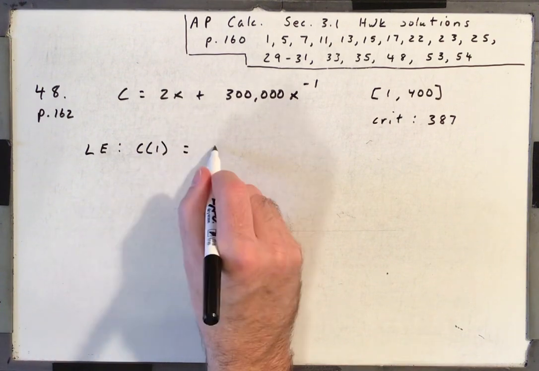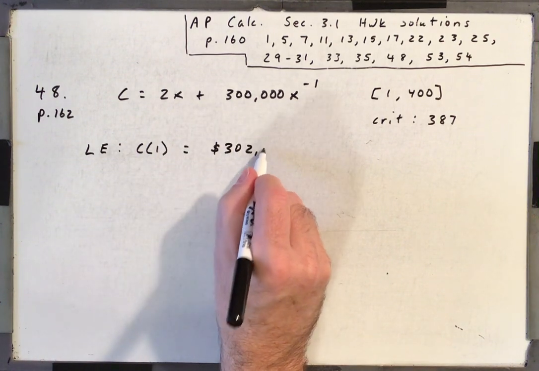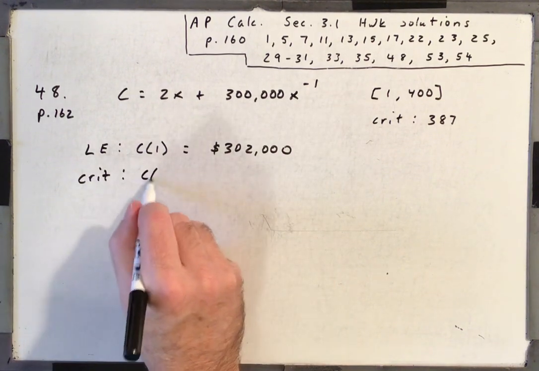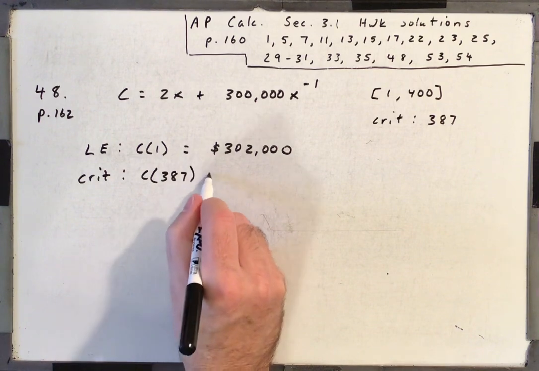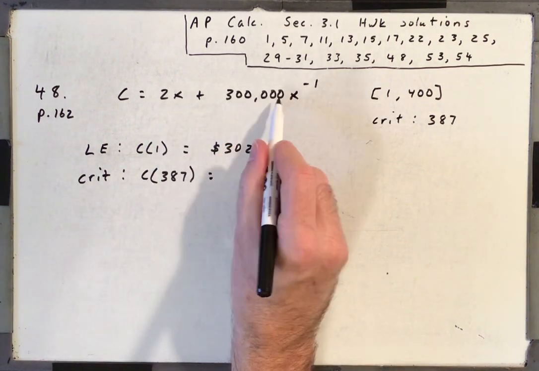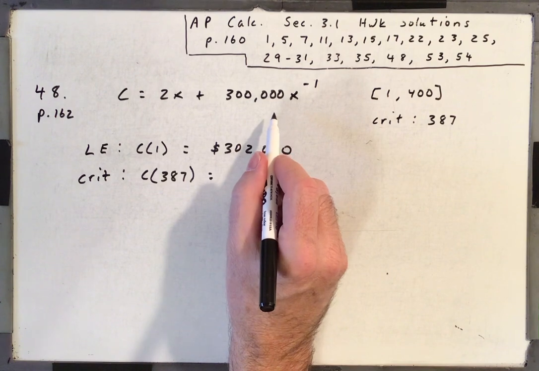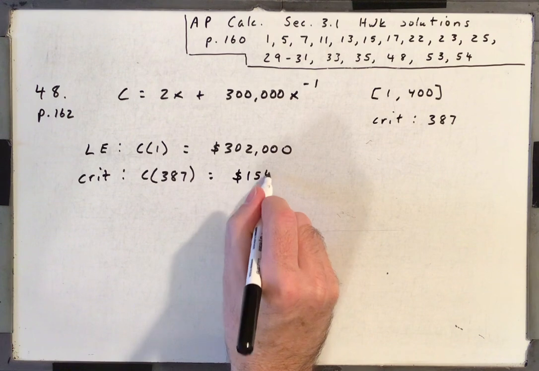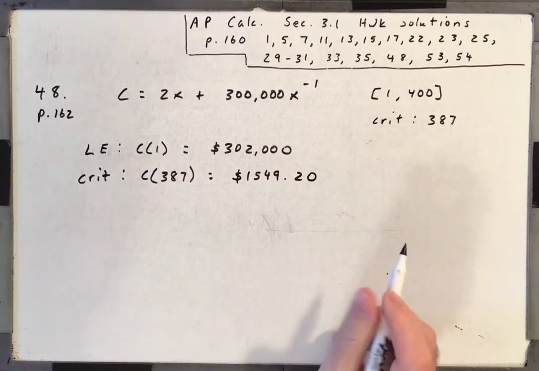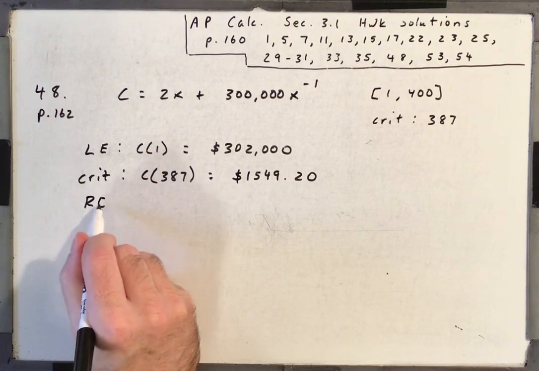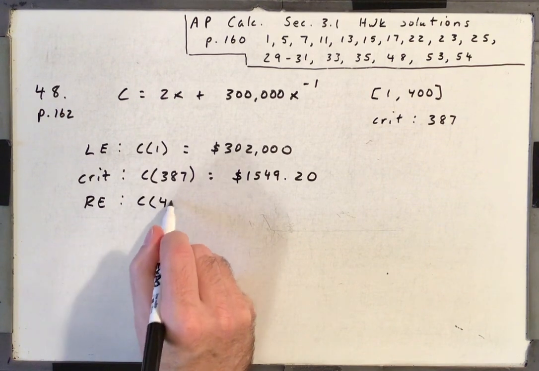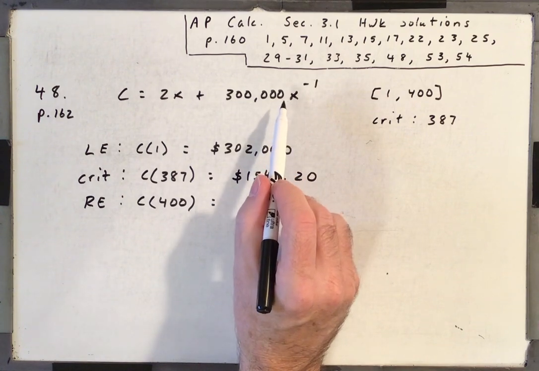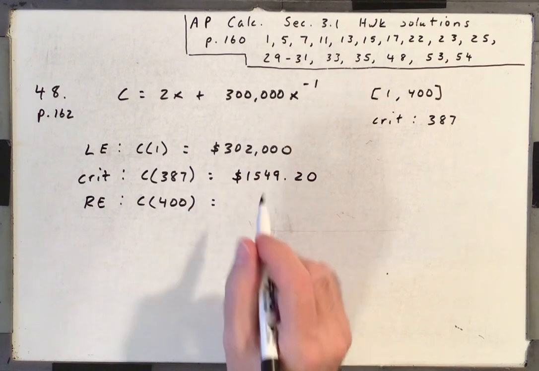C of 1 is 302,000. Our critical point is C of 387. So if we plug in 387, 2 times 387 plus 300,000 over 387, we get 1549.20. And our right endpoint, we have to plug in 400. If we plug 400 into the original equation, you get 1,550.